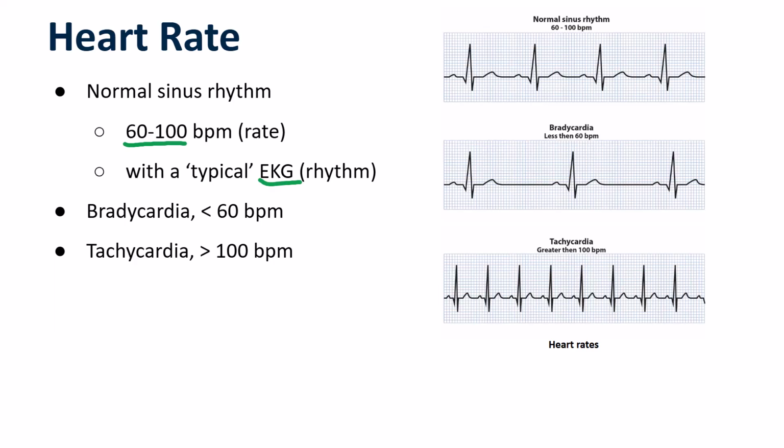Anything slower than 60 beats per minute is something known as bradycardia, brady meaning slower. Anything higher than 100 beats per minute is something known as tachycardia. Tachy meaning faster. And so here we can see examples of bradycardia and tachycardia.